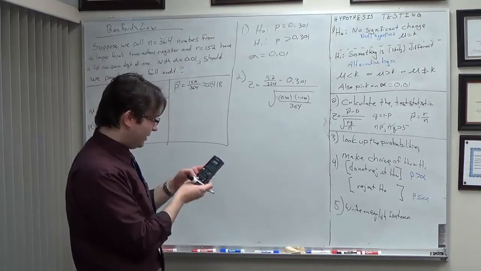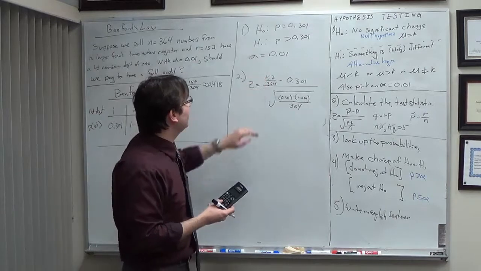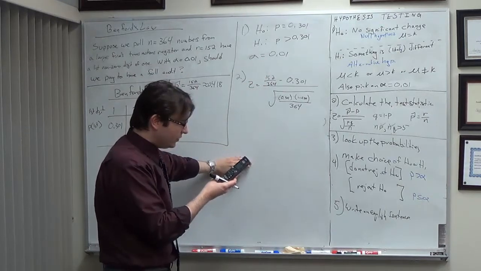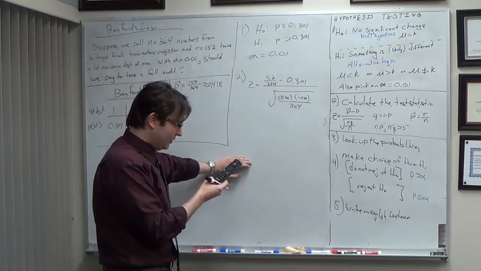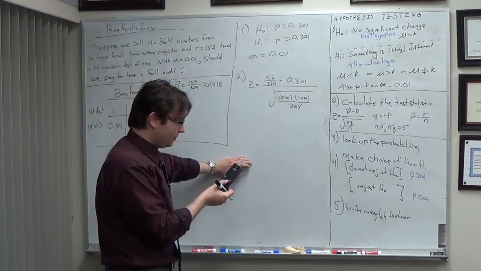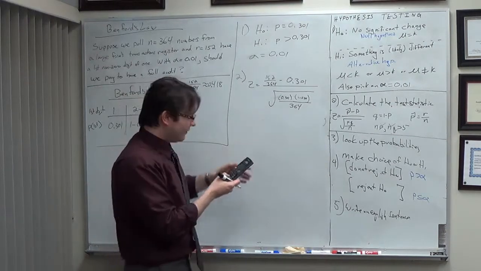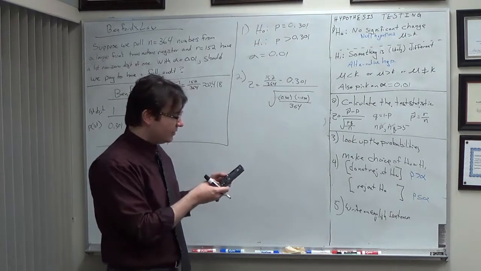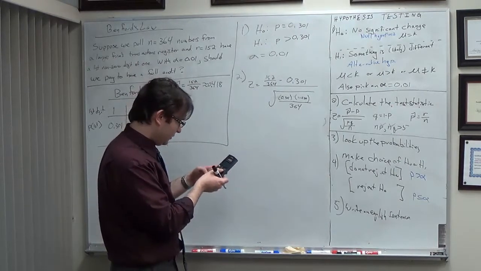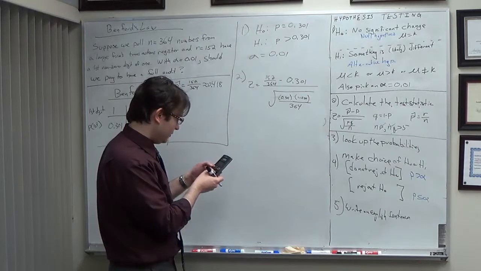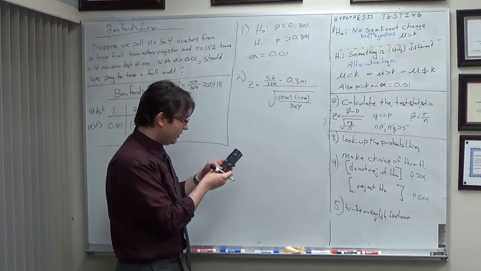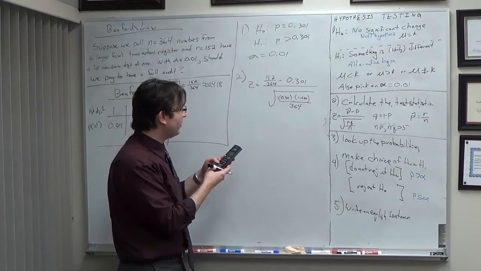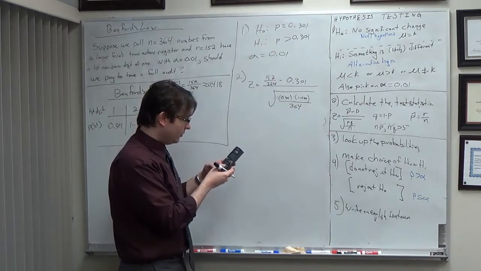So on the top, I hit a fraction bar and another fraction bar, and I put 152 over 364 minus 0.301. Okay? Now I have a square root on the denominator, so I hit the second and square root button. And once I've got that, I put another fraction bar in there, and on the top I have 0.301. And then I'm going to use parentheses.